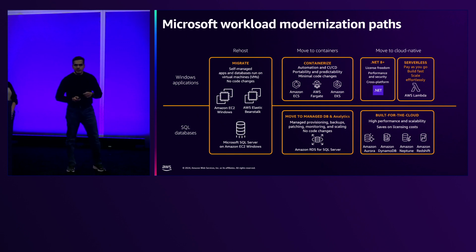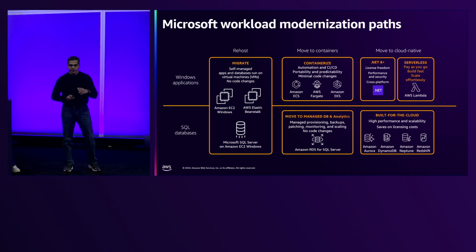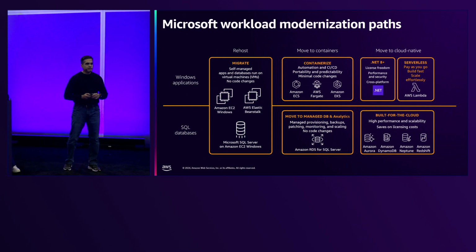Okay, we have talked about modernization. Typically, these are the modernization paths that we are specifying. We talk about application modernization and database modernization. The first step is to rehost your applications, and then you containerize them, trying to create a fluid pipeline from code to deployment.